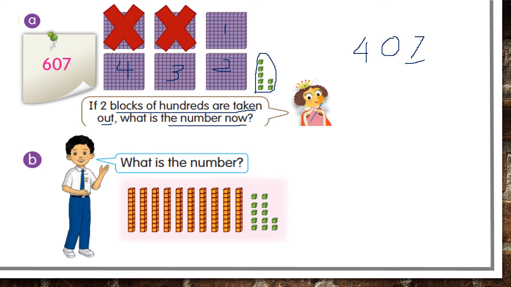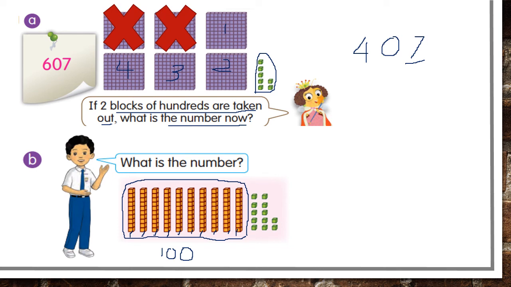Question B. What is the number? Alright, let's count the 10 blocks. 1, 2, 3, 4, 5, 6, 7, 8, 9, 10. Well, we have 10 blocks of tens altogether. Do you know 10 blocks of tens is actually equal to 100? 10 tens equal to 100.